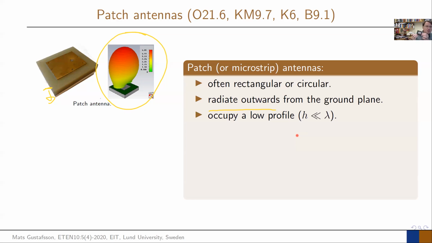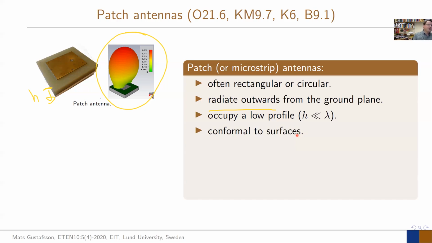You can actually stitch these type of antennas. So you can put them inside of your clothing and still make them work quite well. So very, very low profile. So the H that we have there, the height, can be much smaller than the wavelength. It can really be a small fraction of it, like a percent of it. A really, really tiny piece of the wavelength that you have.